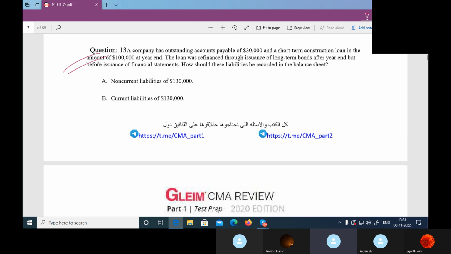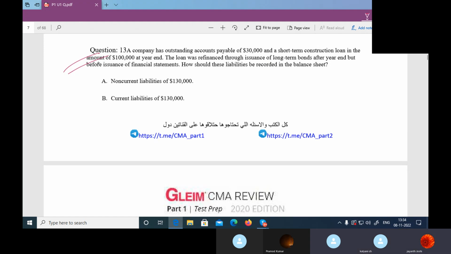Account payable of 30,000. Construction loan of amount of... Should this liability be recorded in the balance sheet?